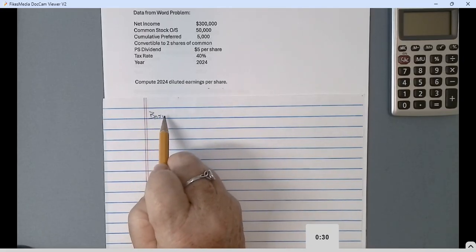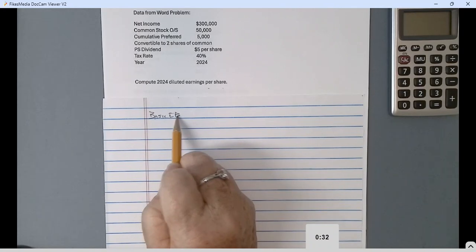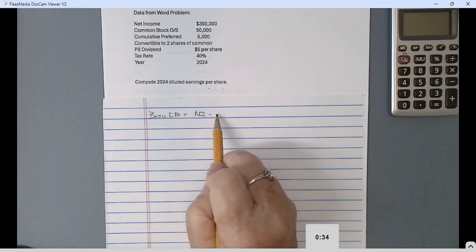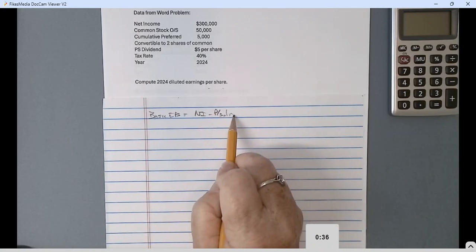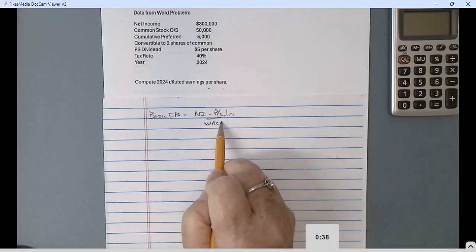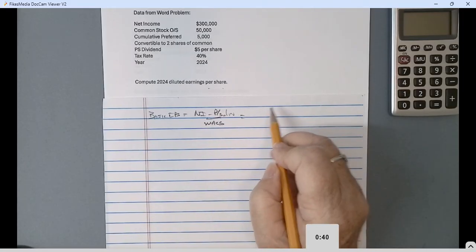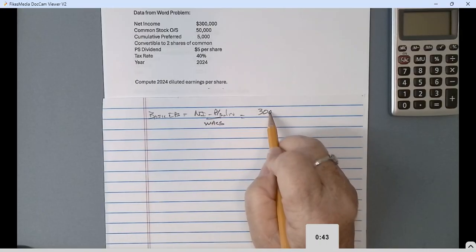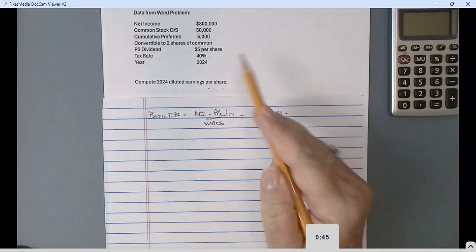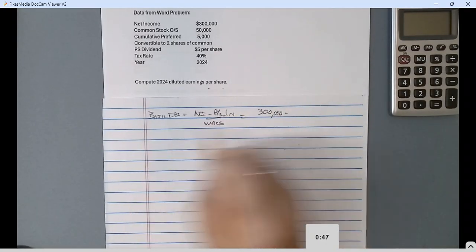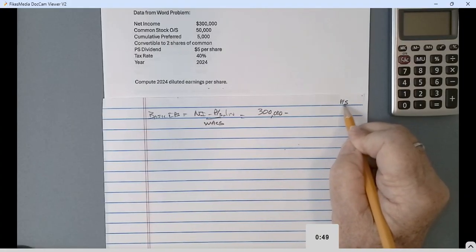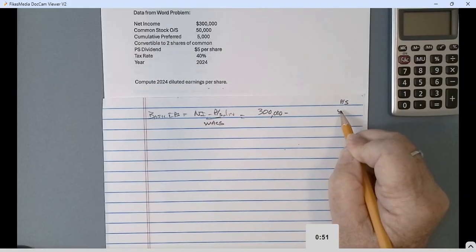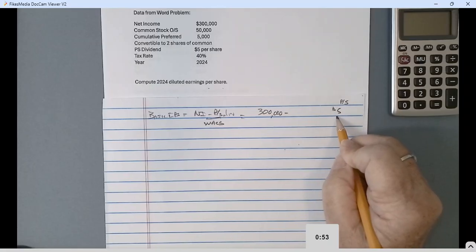So I have to start with basic EPS equals net income minus preferred stock dividends over weighted average common shares. And what I have is 300,000 minus a preferred stock dividend. So my preferred stock dividend is going to be $5 per share, and I have 5,000 shares.